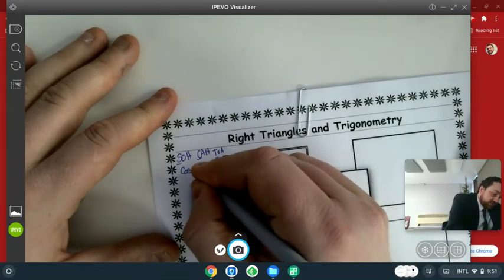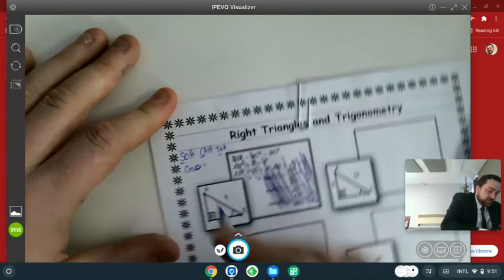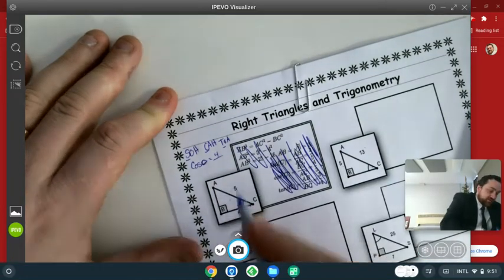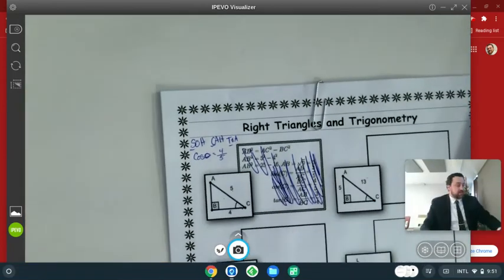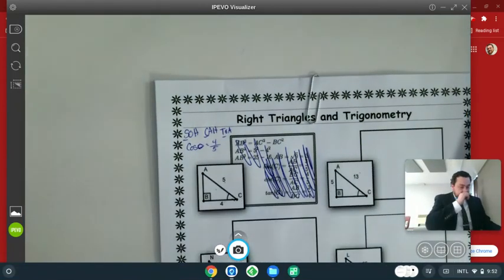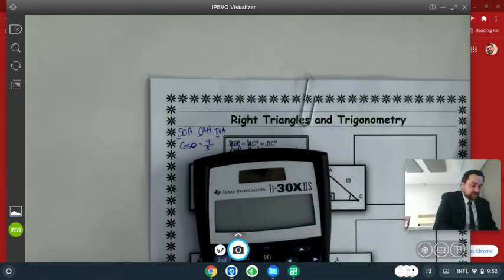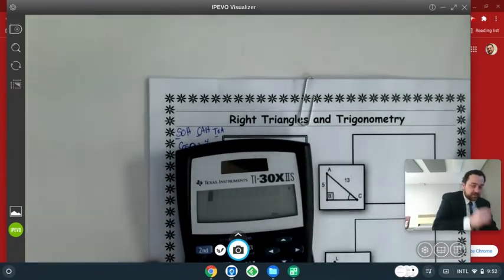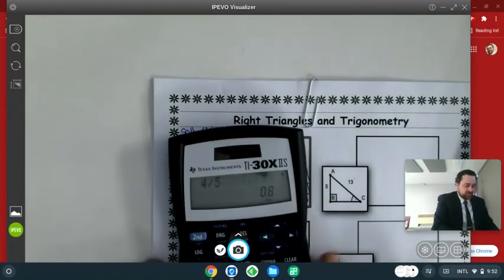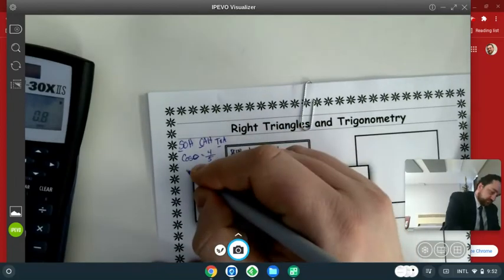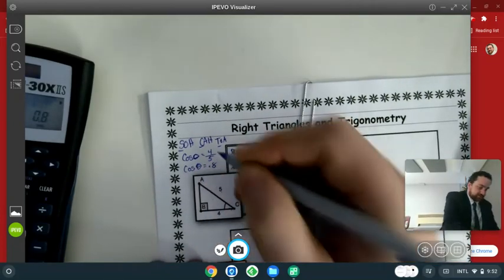And that rule is cosine of theta, cosine of my angle, is equal to the adjacent, so 4, over the hypotenuse, which is 5. Okay. Now, 4 divided by 5, I can very easily turn that into a decimal. That's 0.8. So I could rewrite this and say cosine of theta is equal to 0.8.